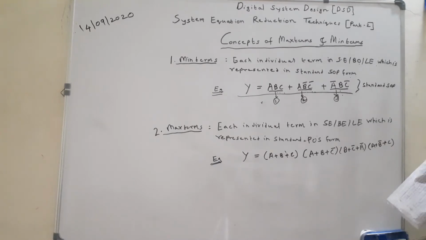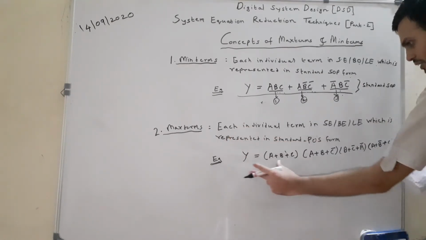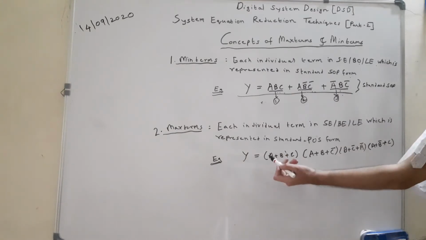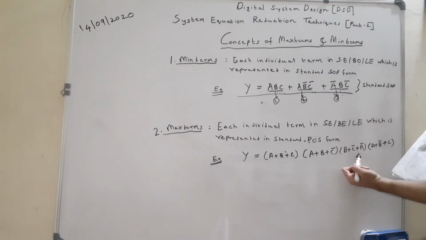So now what do we mean by max term over here? This definition I have written over here. What is the max term? Each individual term in this expression. You see I have written this example here: y is equal to (a plus b plus c) into (a plus b plus c bar) into (b plus c complement) plus (a bar) into (a plus b bar plus c).